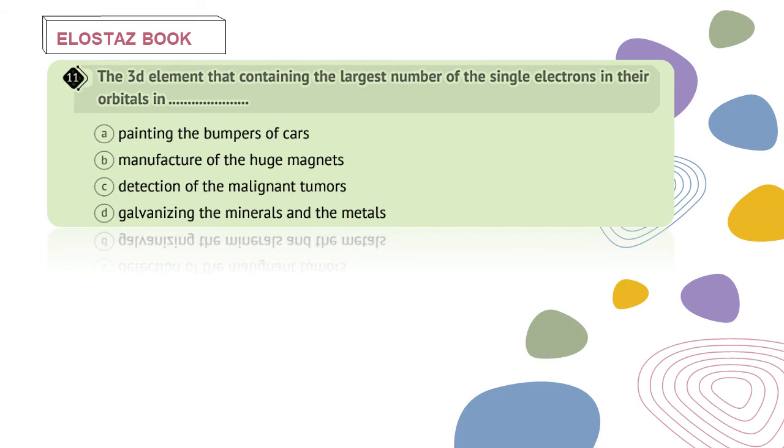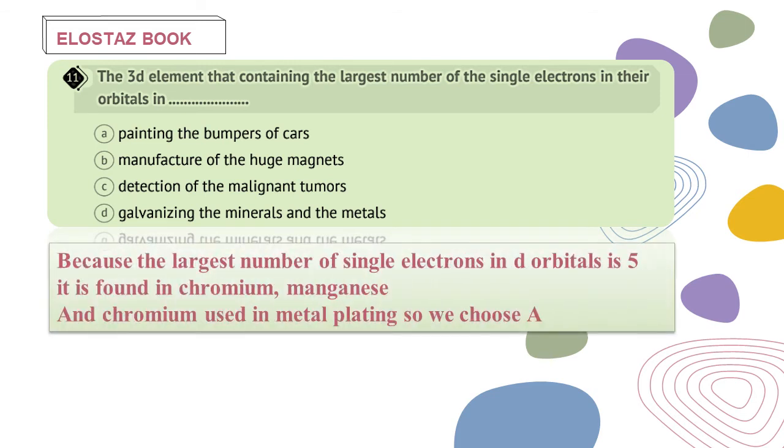If we choose the one with a large number of single electrons in the d orbitals, it will be 5, and it will be found in chromium. If we say a large number of single electrons means 5, then in the 5 orbitals of 3d, they are all single electrons.